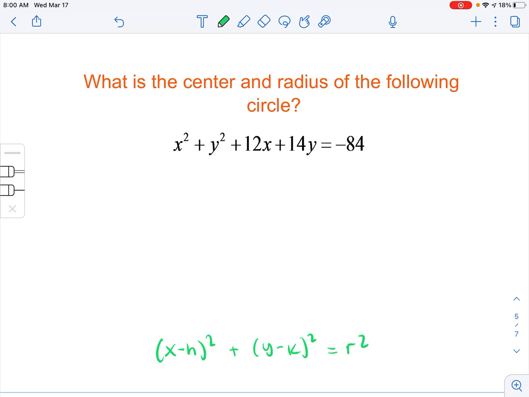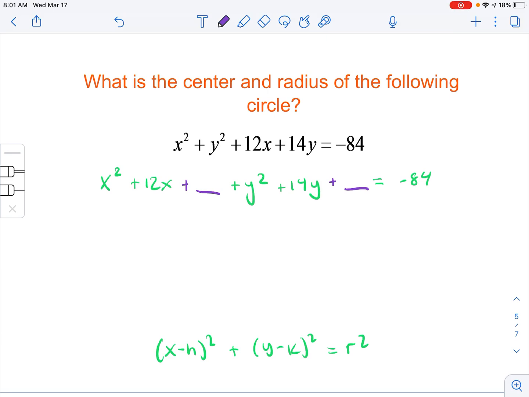So in order to do this, we see that we have an x parentheses and a y parentheses. The first thing we're going to do is separate our x's from our y's. We'll write the x's together, we'll write the y's together, and we'll leave some spaces here. The reason I'm leaving spaces here is because in order to get these two terms to look like this factor bubble, we're going to have to complete the square, meaning find the value that makes those three terms a perfect square trinomial.